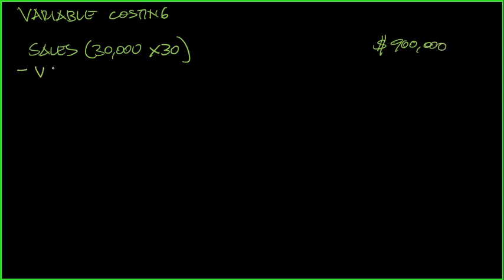Less your variable cost. Okay, so what are our variable cost? You have the unit cost of 10, and then you have the selling and administrative expense of 3. So that's 13. Okay, so we multiply that by 30,000 units. So 30,000 units times 13 is 390.